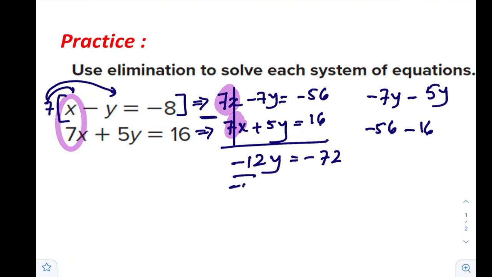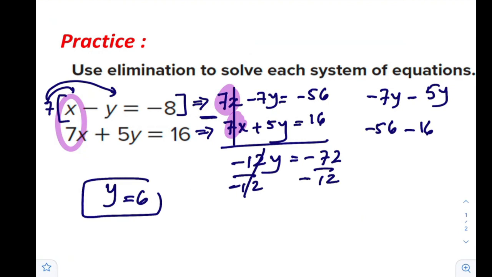And as usual, we will divide and you will have y equals 6. And you can replace this value. You can replace the 6 instead of the y in one of the equations. I will choose the first one. أختار المعادلة الأولى للتعويض بقيمة الواي التي حصلنا عليها.